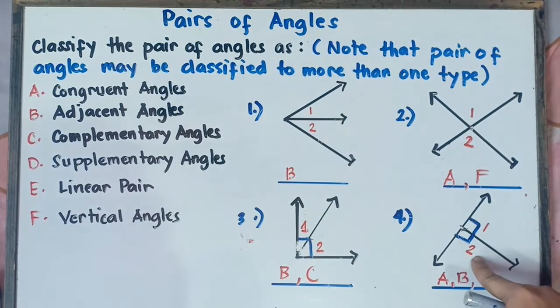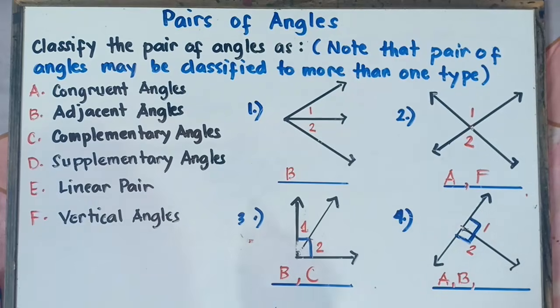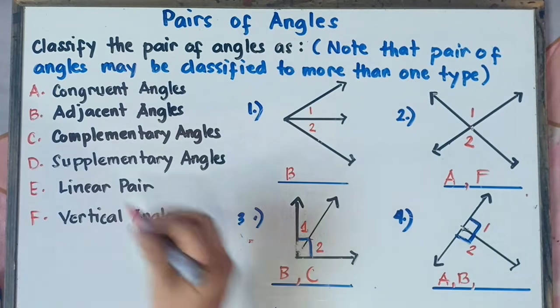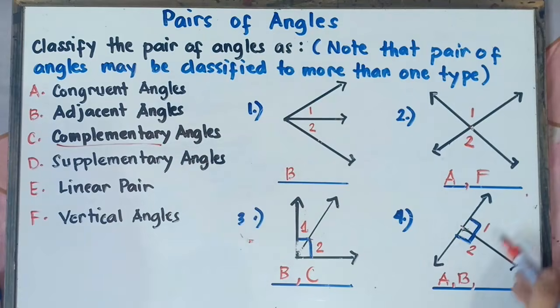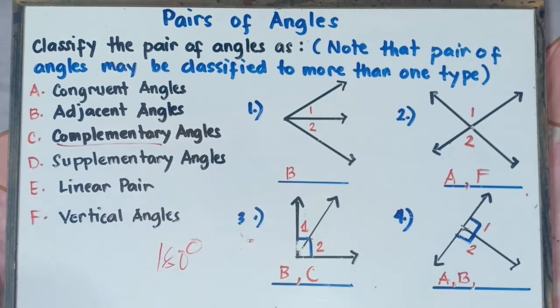It's 180, class. 90 plus 90 is 180 degrees. Two angles that add up to 90 degrees are complementary angles. Here, the two angles add up to exactly 180 degrees. Therefore, this is not complementary angles.